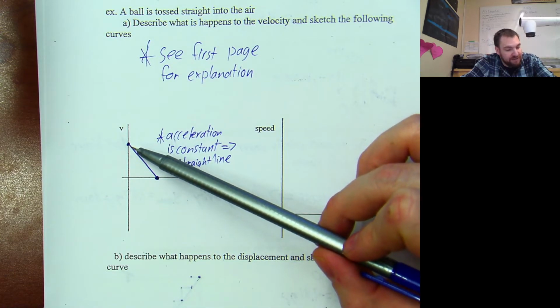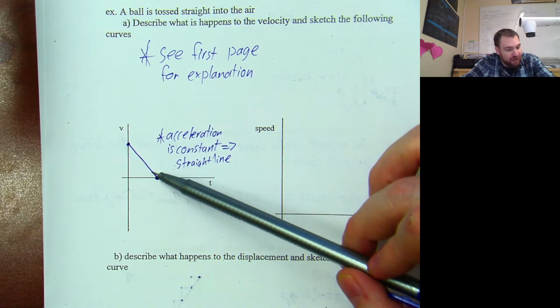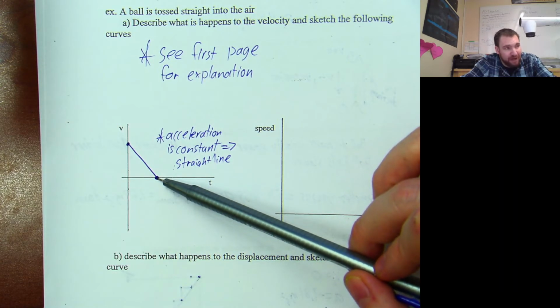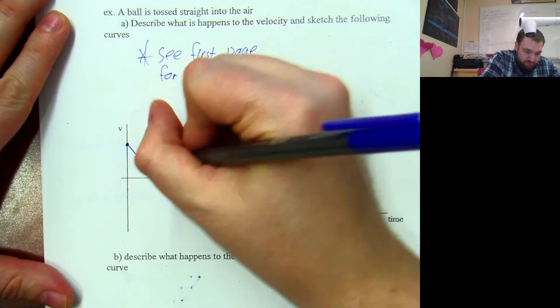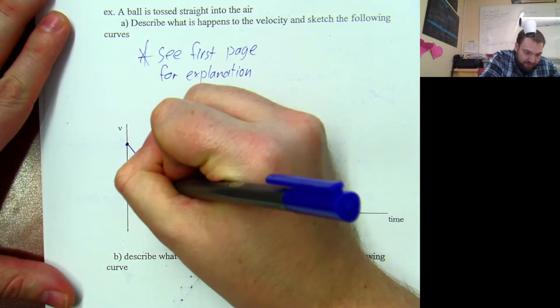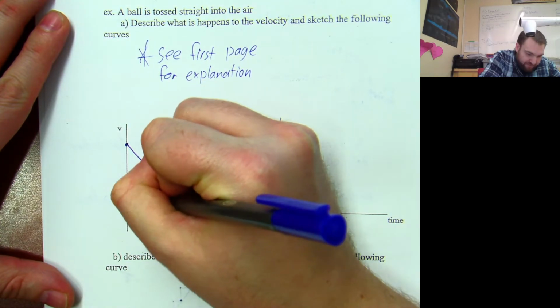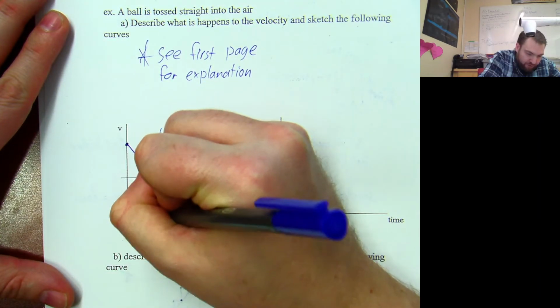It has a positive decreasing velocity, and then now the velocity is 0. So where is my object in the world, or what's happening to my object now? James? It's at the top of the throw. Right here is the top of the throw.